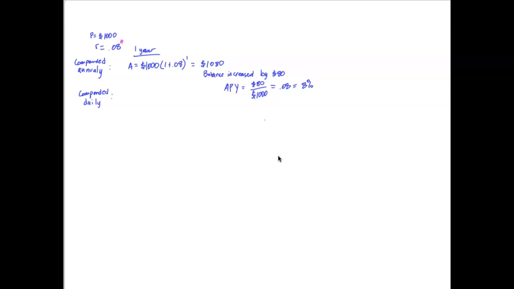Now let's say we were to compound daily. Well, that would be A equals 1,000 times 1 plus, I take the 0.08, and if I'm compounding daily, remember I'm dividing by n, the number of times I'm compounding. There are 365 days in a year, so that would be to the 365, and I would do 365 times 1 as a power there.